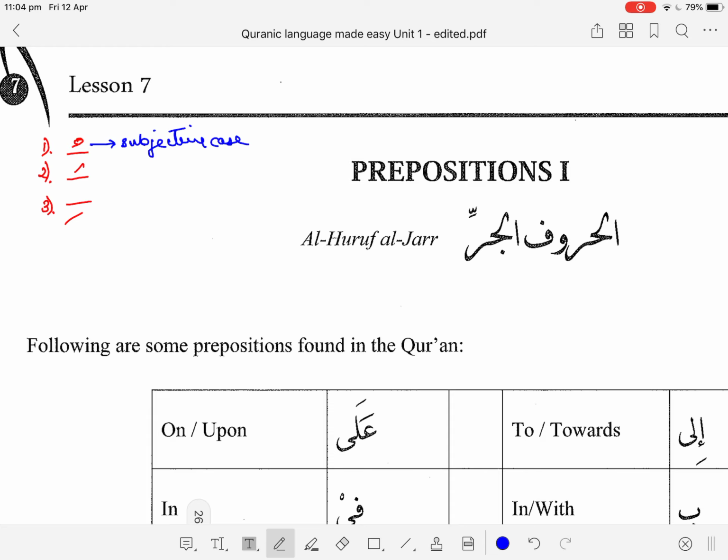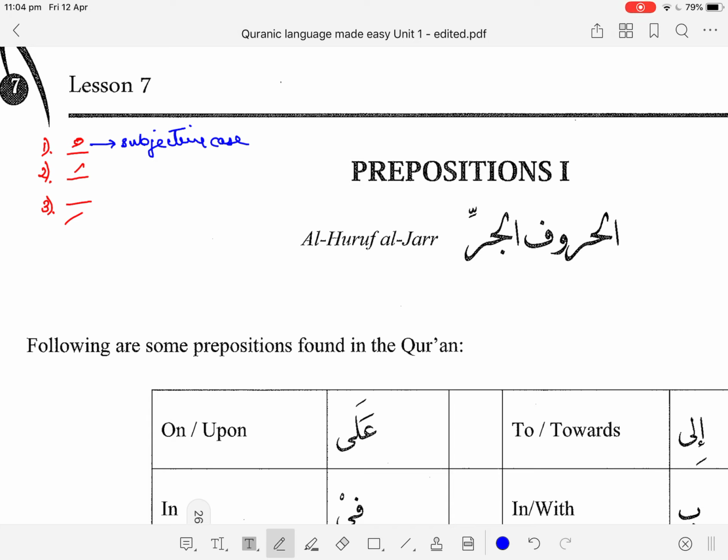If you remember from the previous recordings, a noun can be a subject in a sentence, or it can be an object, or it can be a case of possession. So this is what dhamma basically indicates, that it's a subjective case.